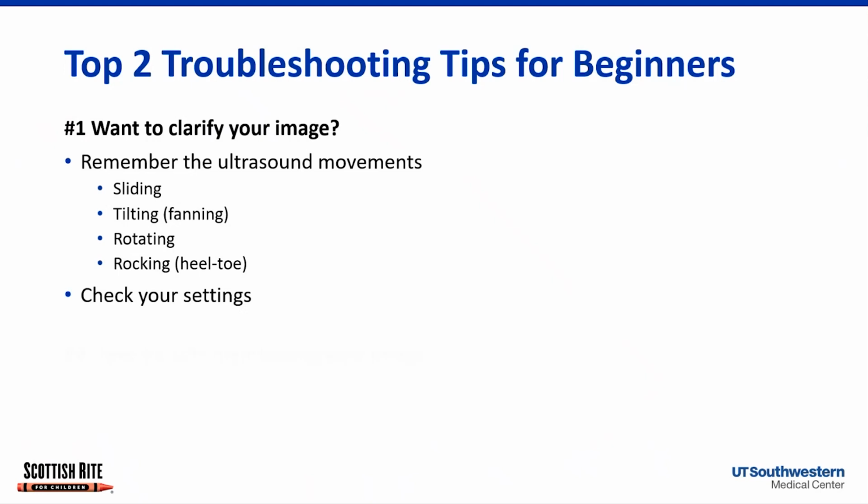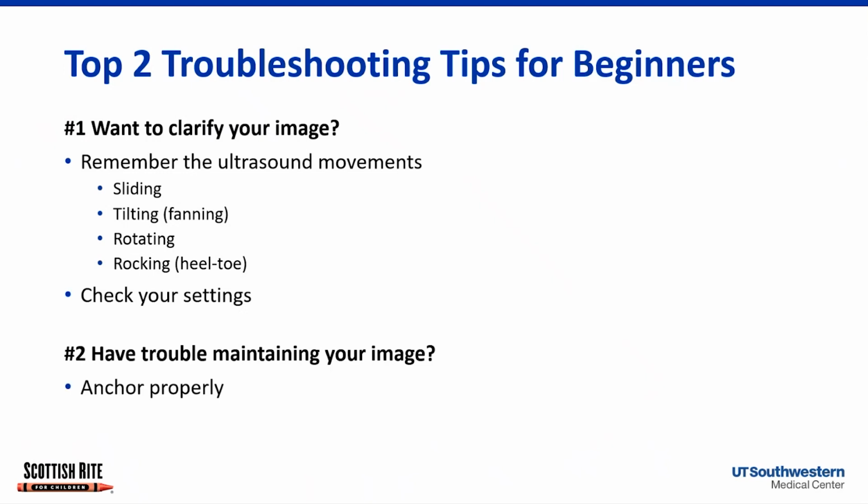And what if you're having trouble maintaining your image? Like, "I got it, but then I lost it, but then I got it, but then I lost it." Remember, anchor properly. Your hands are going to get a bunch of gel on them. It's going to get messy. That's normal, all right? Remember, it's just gel. It's made of water, okay? But if they're not messy, you're not doing it right, all right?